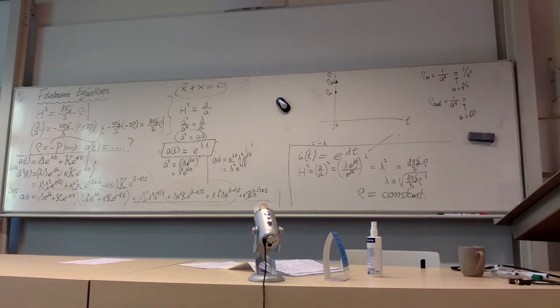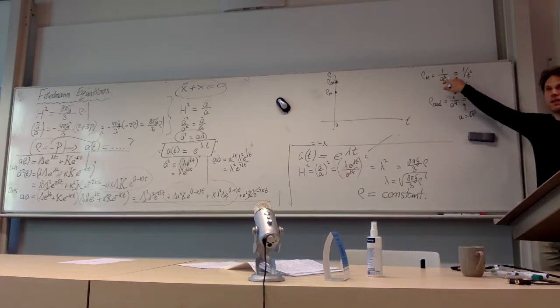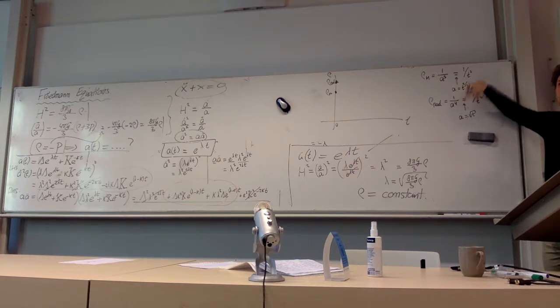If you haven't done this exercise, I highly recommend it. Just go through the exercise. Then you will find that the radiation density goes as 1 over t squared, just like matter. Go through the Friedmann equations, plug them into each other, you get 1 over t squared.